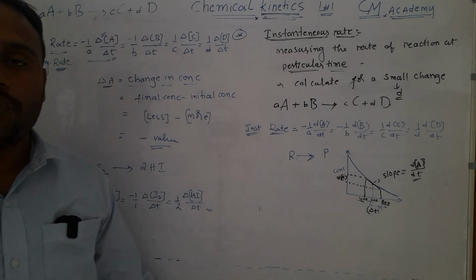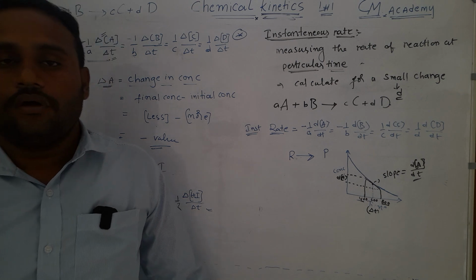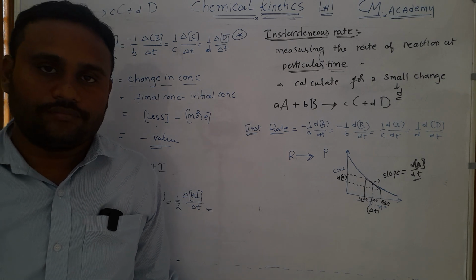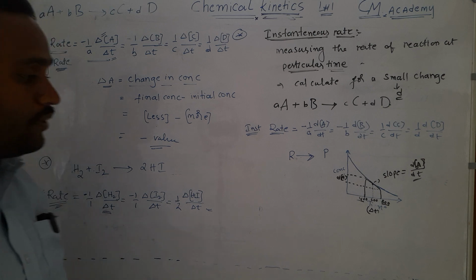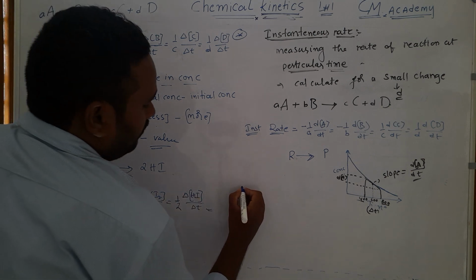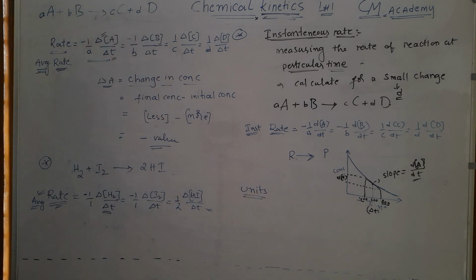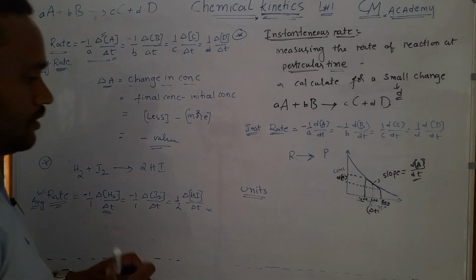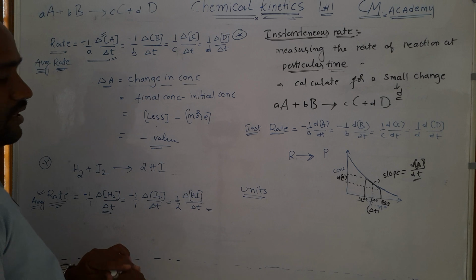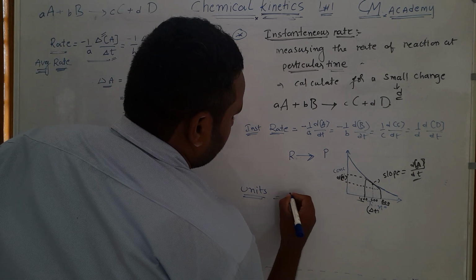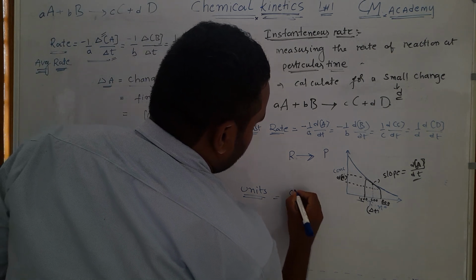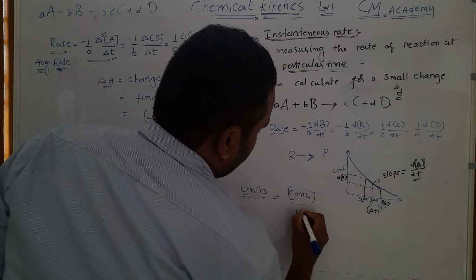Next, let us discuss the rate of formation and rate of decomposition. And before that, the units of rate of reaction. So what are the units of rate of reaction? Rate of reaction means change in concentration by time.